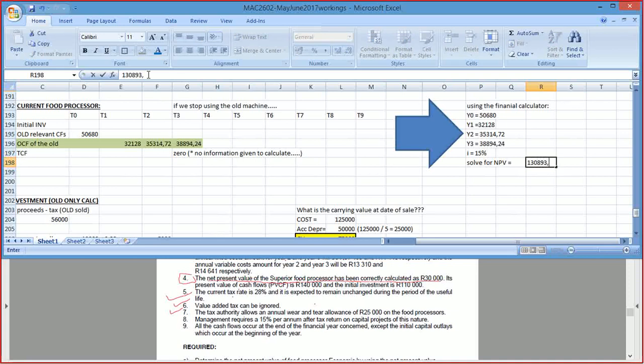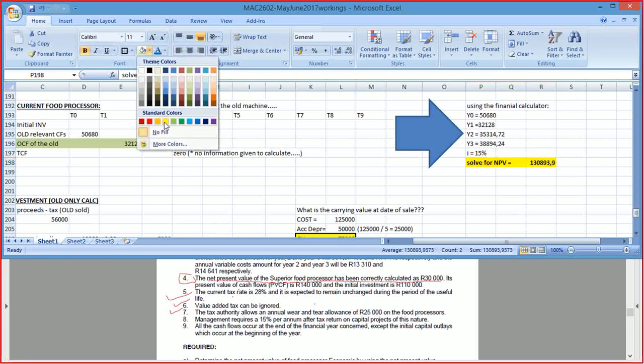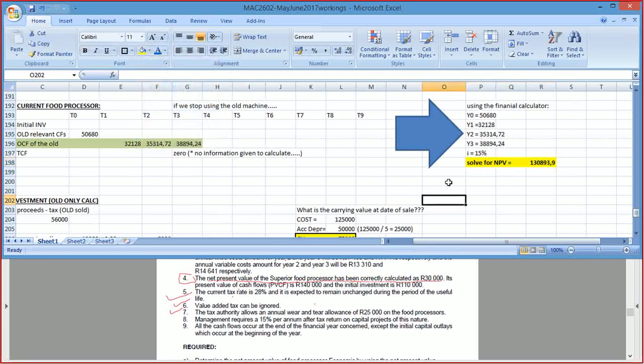I can't use second function yet, I haven't added I. Second function NPV is 130,893.987343. That's right. Good.